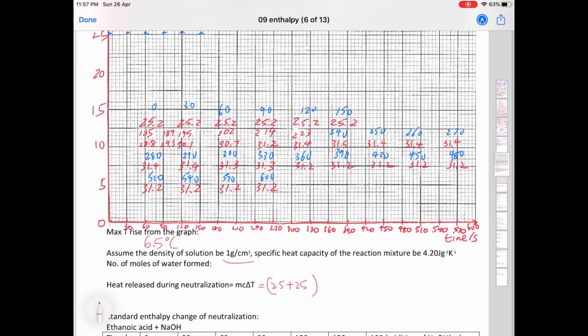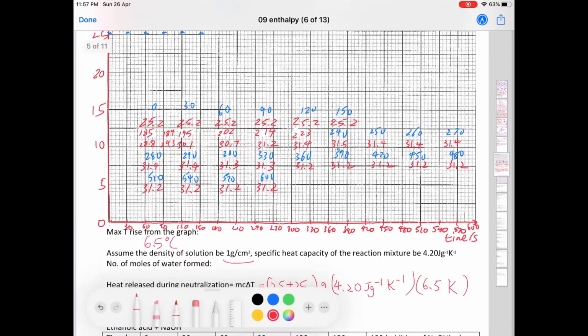Given by the question, the density of the solution is assumed to be 1 gram per cm³, so the mass should be 50 gram. The specific heat capacity as given is 4.2 joule per gram per Kelvin. Finally, ΔT is 6.5. Because the difference on the Kelvin scale and the Celsius scale are the same, a difference of 6.5 degrees Celsius is equal to 6.5 K.